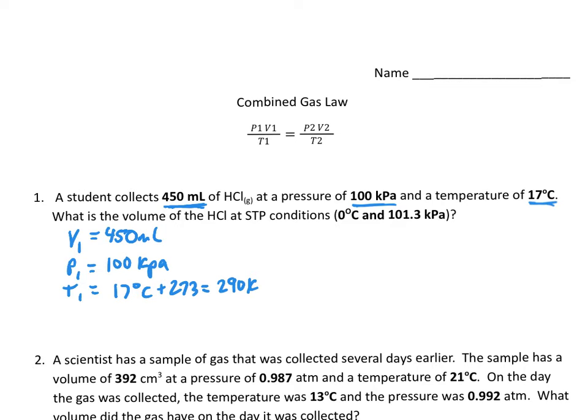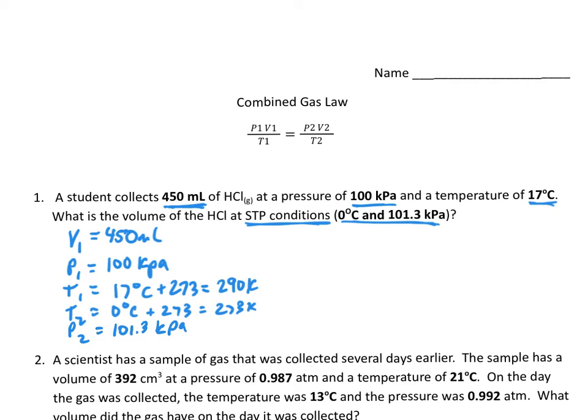And what are our new variables? Well, our new conditions would be at STP. And maybe you recognize that STP conditions would be our new temperature. Our T2 is going to be 0 degrees Celsius. Again, convert that to Kelvin, so 273 Kelvin. And then our new pressure is going to be 101.3 kPa.